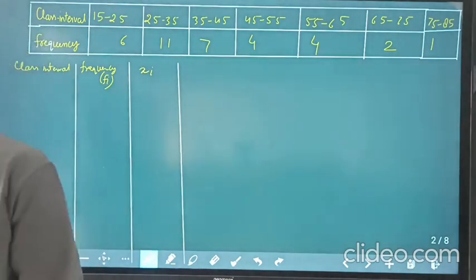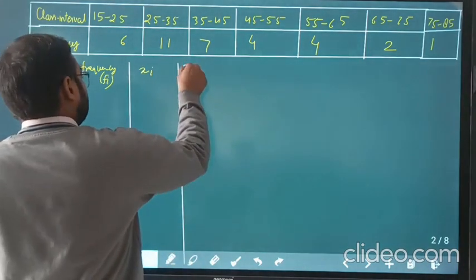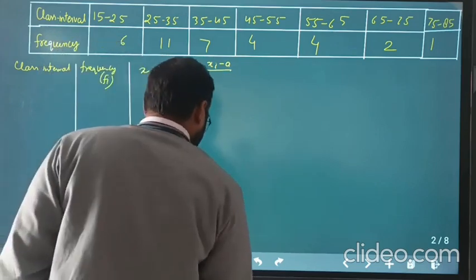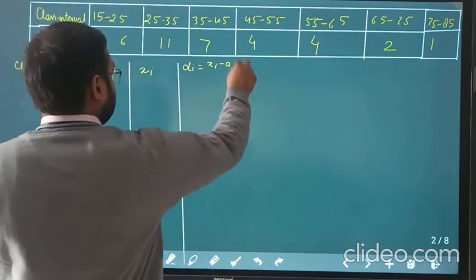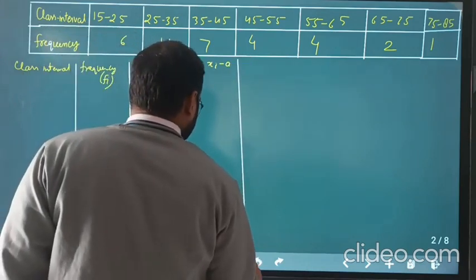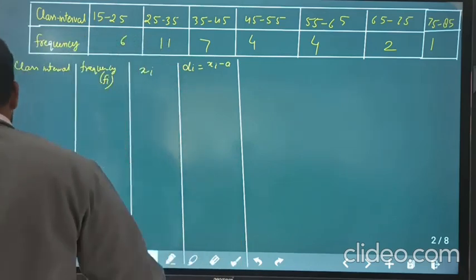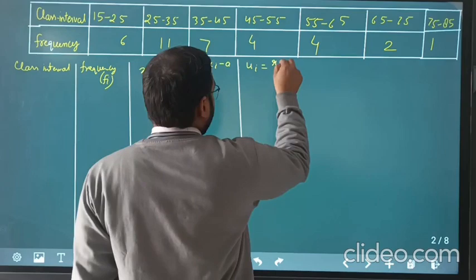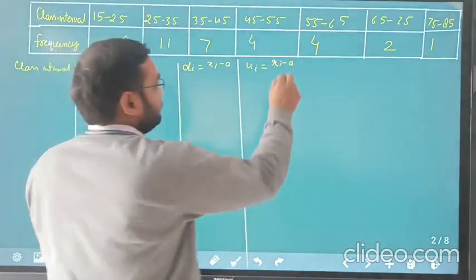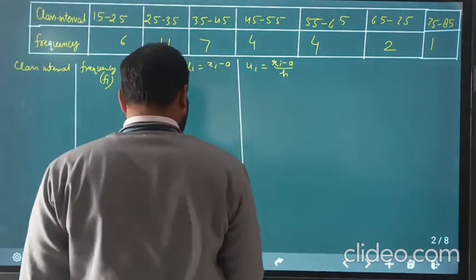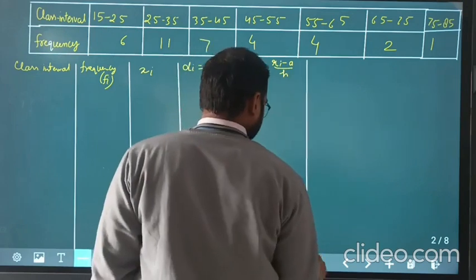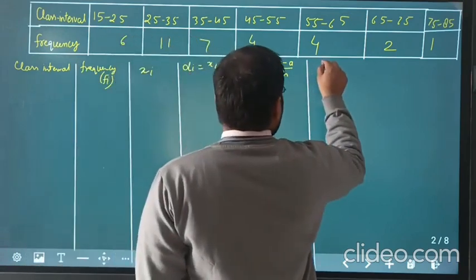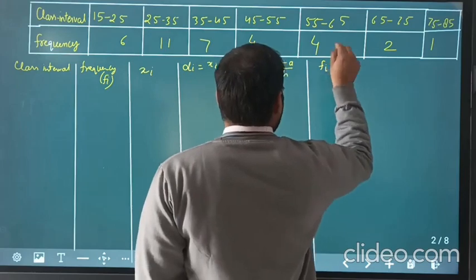The third one will be the class mark, that is xi. After that, di, that is equal to xi minus a. Then another column that includes the value ui, that is equal to xi minus a, that is di also, upon h. The next column will include fi ui.